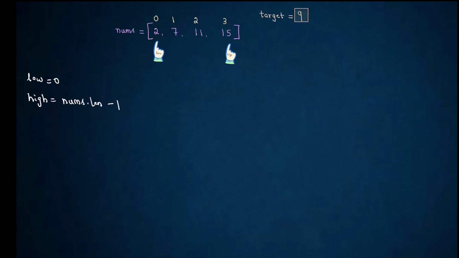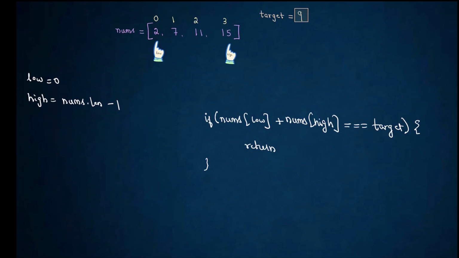And now what's the first thing we do? We have to add low plus high, the numbers pointing to low and high, and check if they are equal to target. So we do: if nums[low] plus nums[high] equals target? If yes, we return the indices of low, but we need to add 1 to that to make it a one-indexed array.